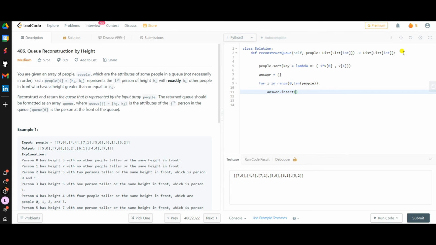The index position would be the ith element's first value, and you would insert that value there. So for example, 7 comma 0 would be inserted at the 0th index. This denotes the 0th index, and this means 7 comma 0. Now let's simply return this and check.